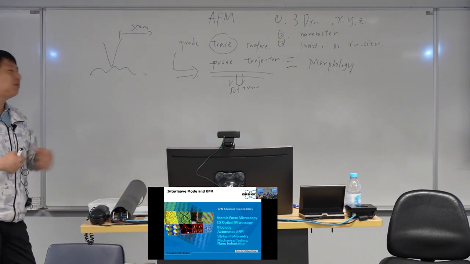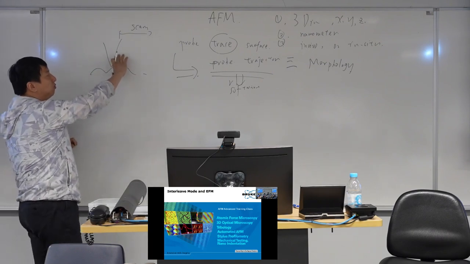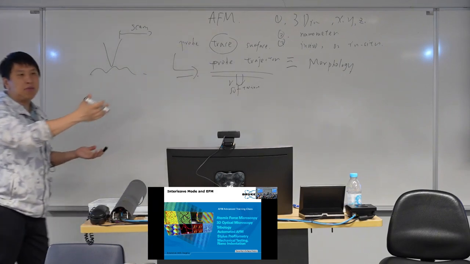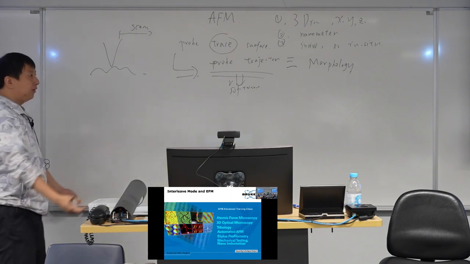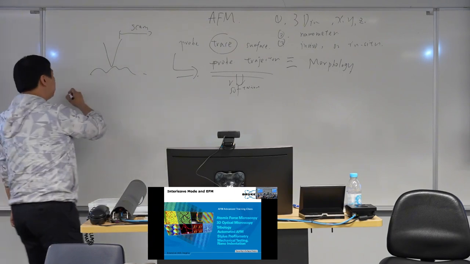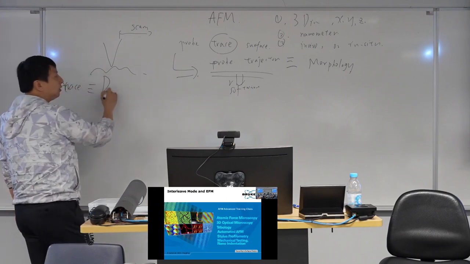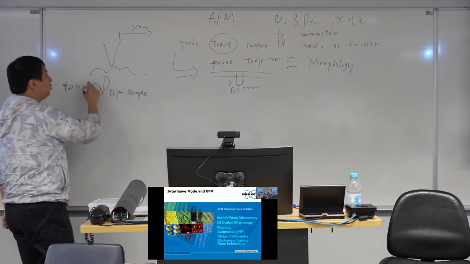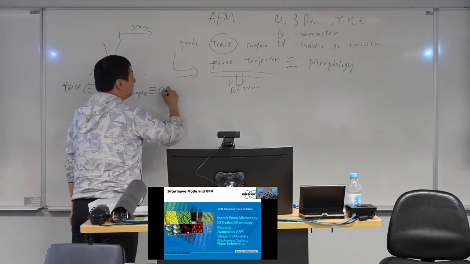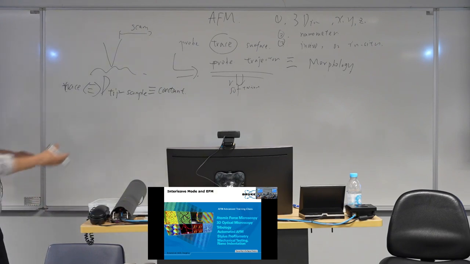If we want the probe to always touch the surface of the sample, in physical terms it equals that the distance between the tip and the sample should always equal a constant. That means we keep the tip touching the surface. That's the physical meaning of the tip tracing.